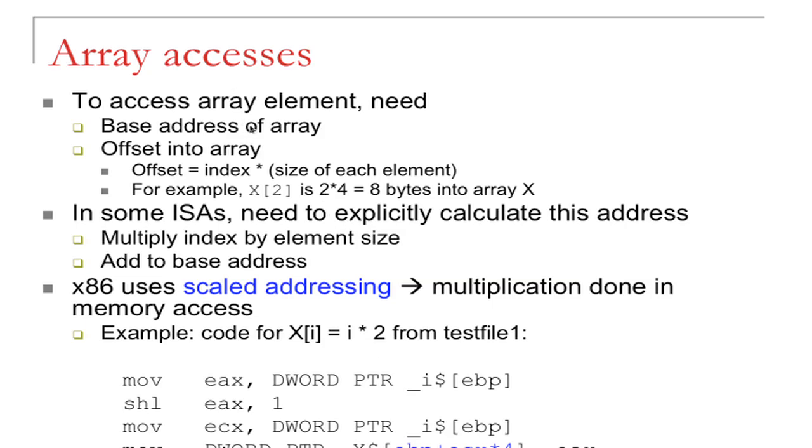The next instruction is to do a data transfer. We copy the shifted value. Okay, this is twice of index of I, and then we use I. This is I, the index, times 4, and then add it on top of this underscore capital X $EBP.